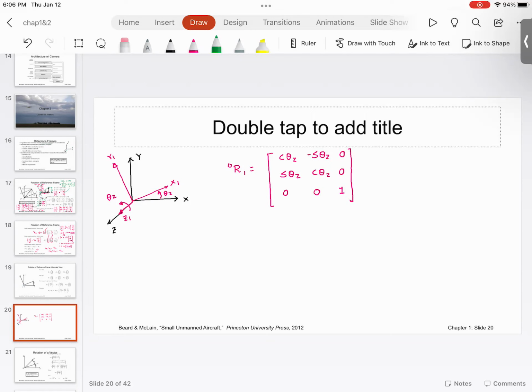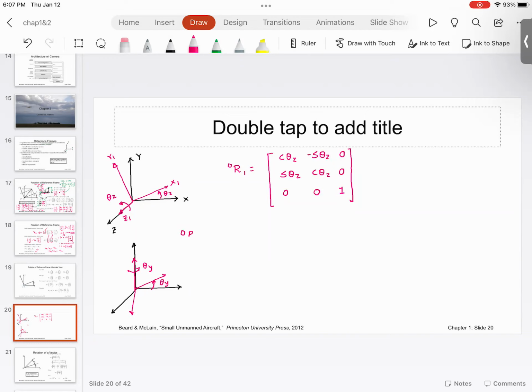Now let's look at the rotation about a different coordinate frame. Say now I want to look at the rotation about maybe the y coordinate frame. So this is my y, x, z. And now I'm going to rotate this something like this. This rotation here is theta y.